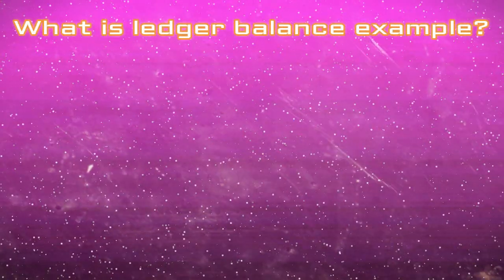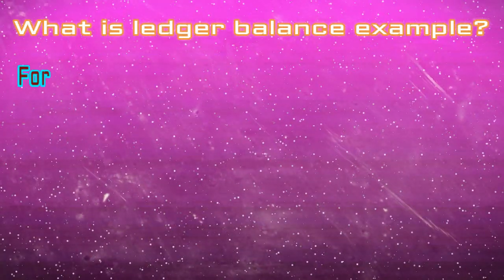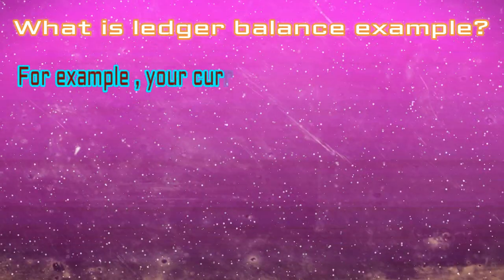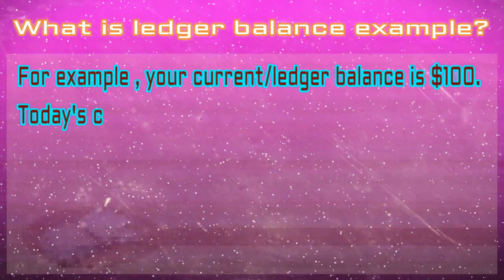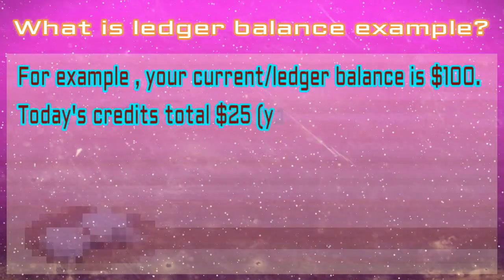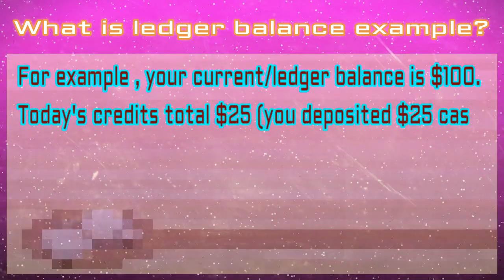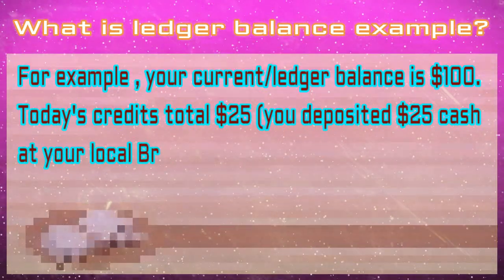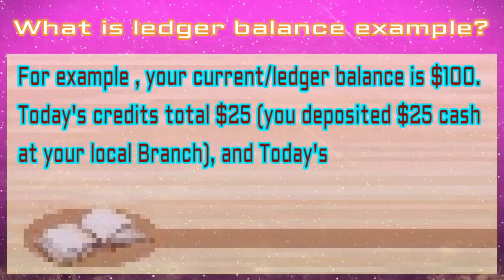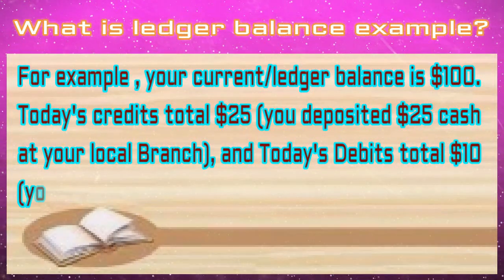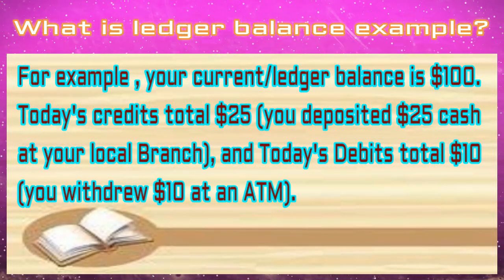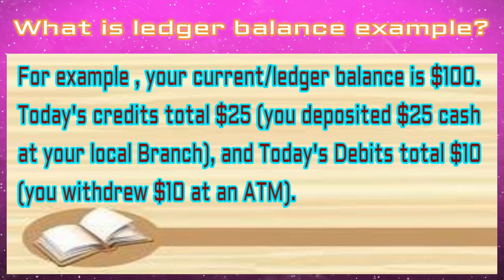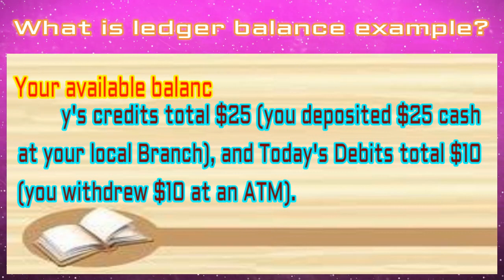What is ledger balance? Example. For example, your current ledger balance is $100. Today's credits total $25. You deposited $25 cash at your local branch, and today's debits total $10.